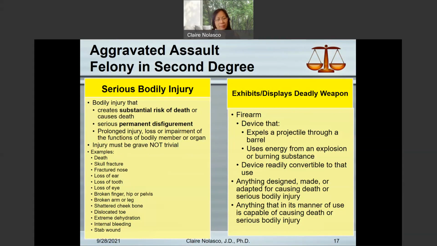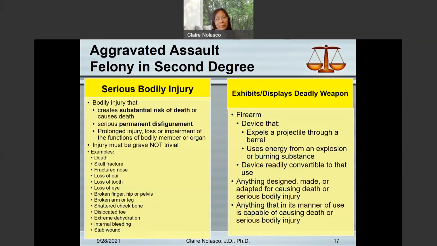Examples are death, skull fracture, fractured nose, loss of ear, loss of teeth, loss of eye, broken finger, hip or pelvis, broken arm or leg, shattered cheekbone, dislocated toe, extreme dehydration, internal bleeding, and stab wounds.